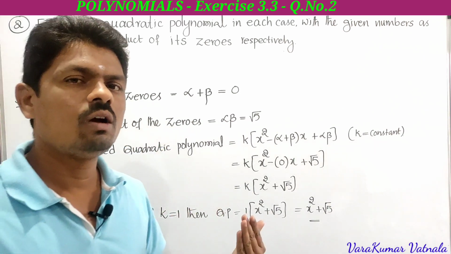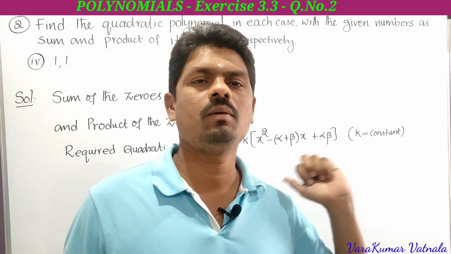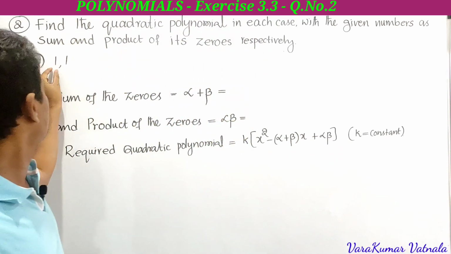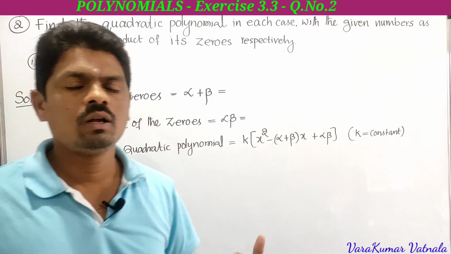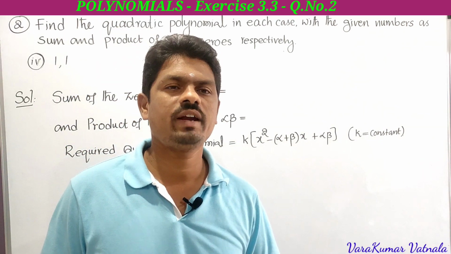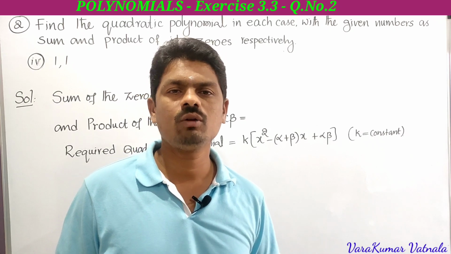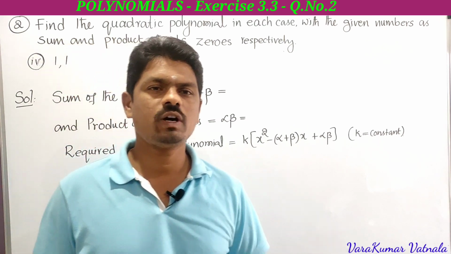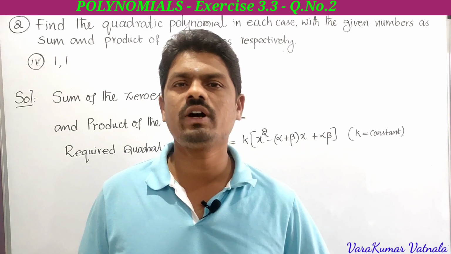Next we have to solve the fourth bit. This is the fourth bit in the second problem. 1 comma 1 is given. So sum of the zeros is 1 and product of the zeros is also 1. Using these two we have to find the quadratic polynomial. So we know the formula, the required quadratic polynomial is equal to k into x square minus alpha plus beta into x plus alpha into beta.